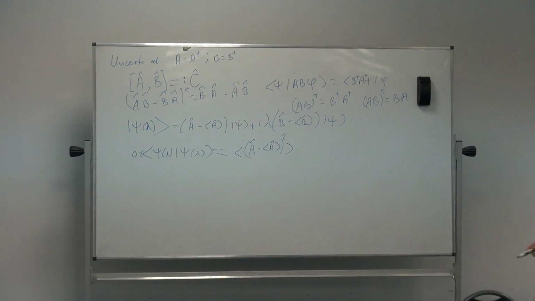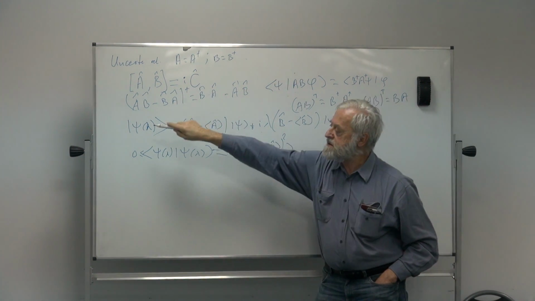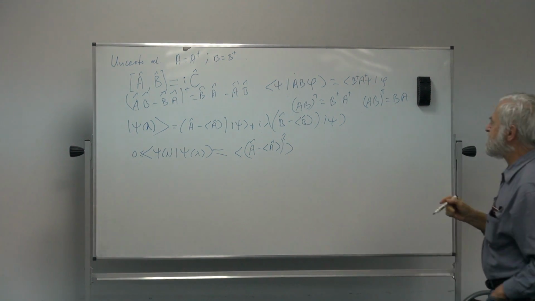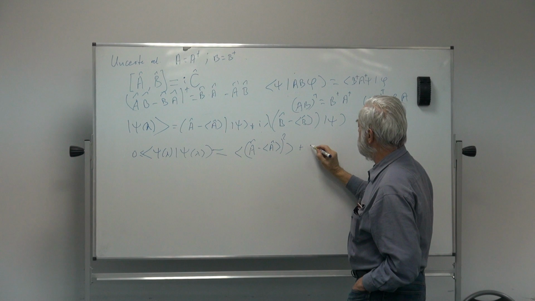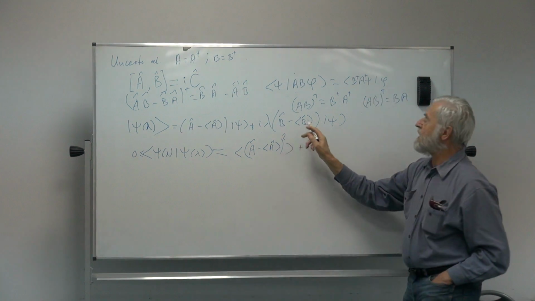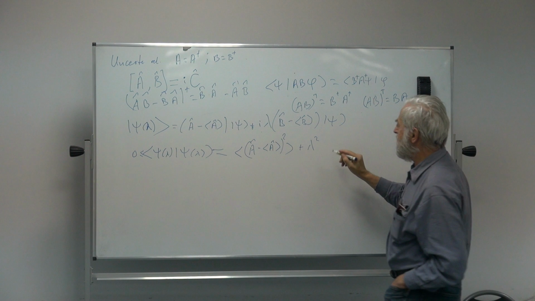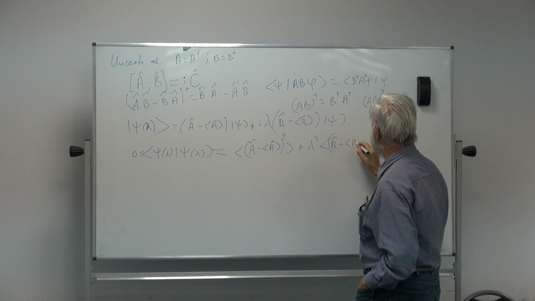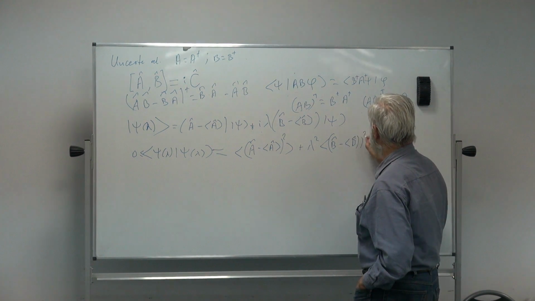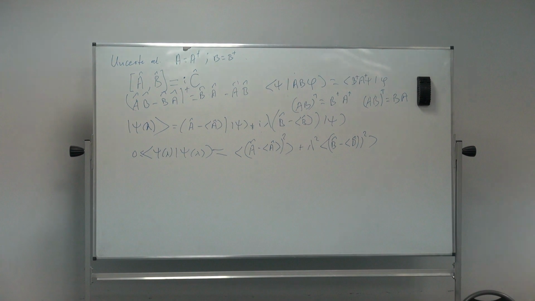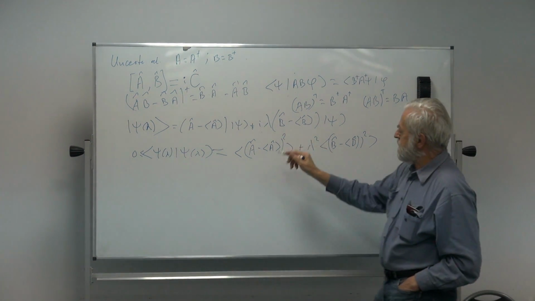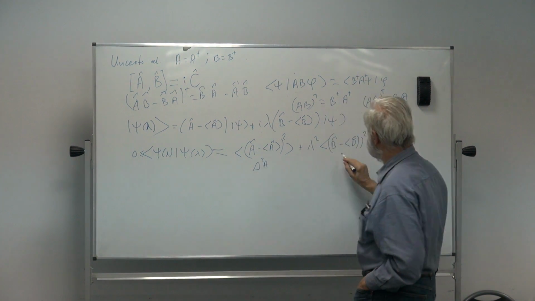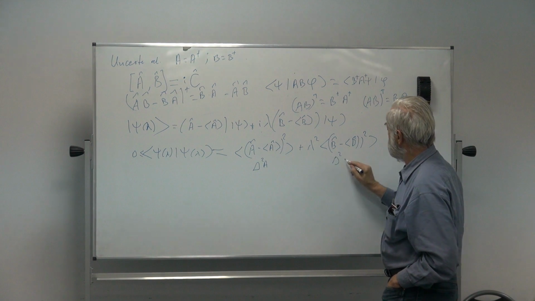This fellow multiplied by its Hermitian conjugate will have i times minus i, which is plus 1, so it will be lambda squared, and likewise the B term will end up as the mean value of B minus mean B, squared. This, as we all know, is called the variance.